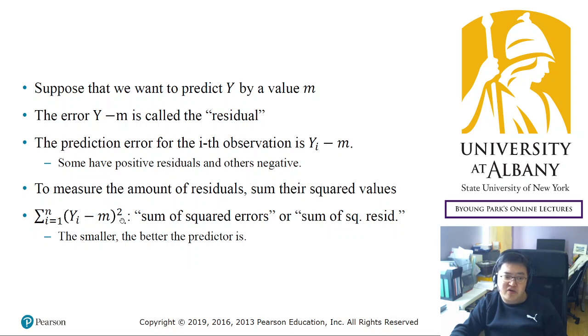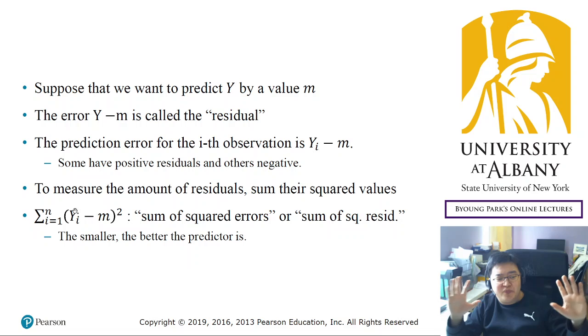This is a measure of the amount of the errors, the total size of the prediction errors or the residuals. So simply speaking, the smaller, the better. The smaller this sum of squared errors is, the better and the more accurate your predictor is. So this is another approach to justify y bar.